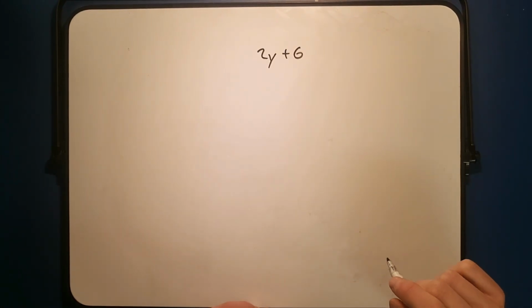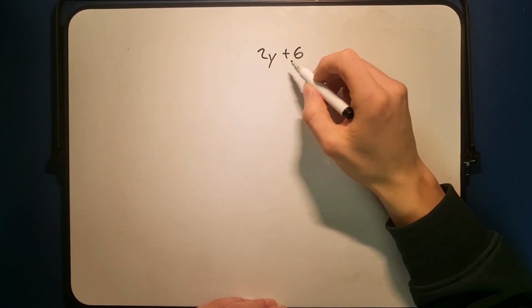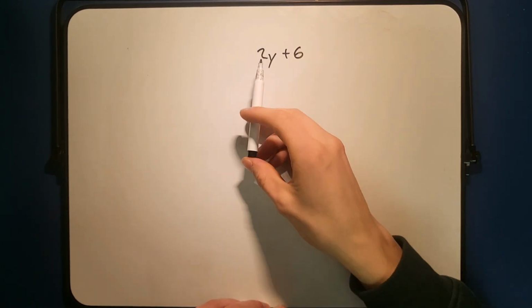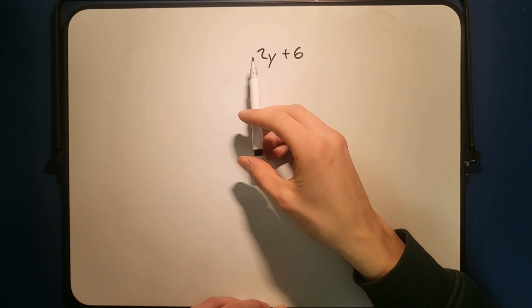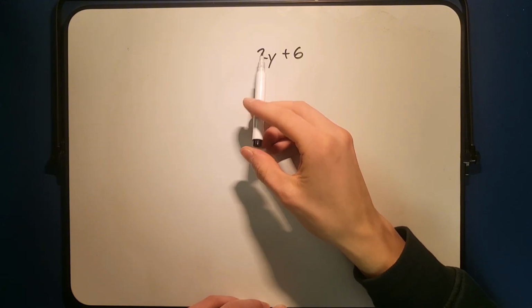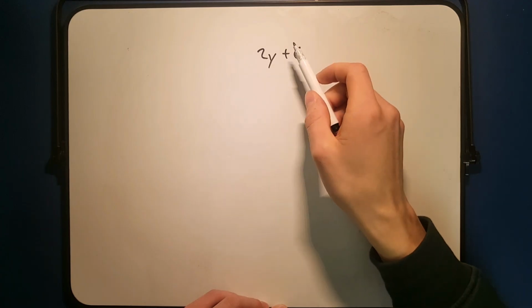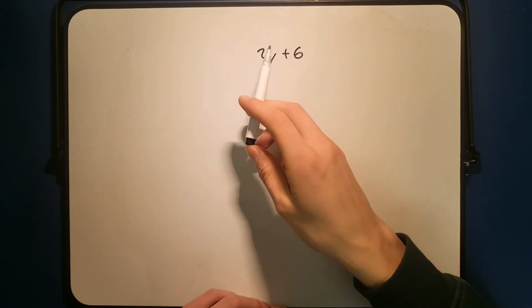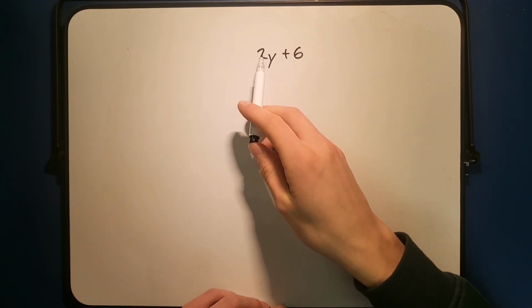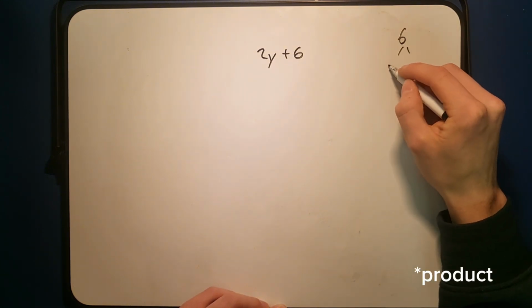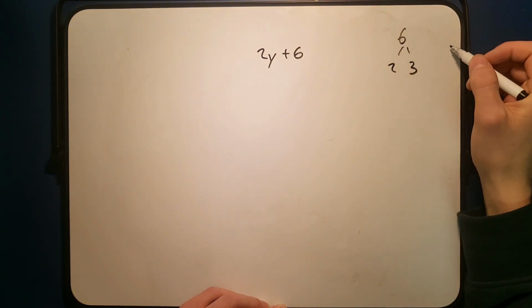Getting back to factorization, here we have 2y plus 6. What I like to do is take the highest common factor of every term in the expression. First, we're going to take the highest common factor of 2 and 6. We know that 6 is a product of 2 and 3, right?